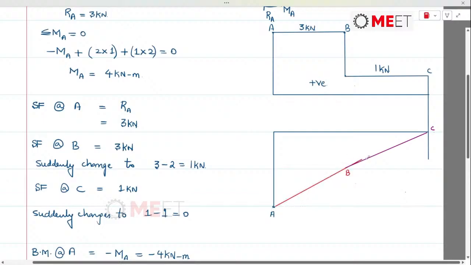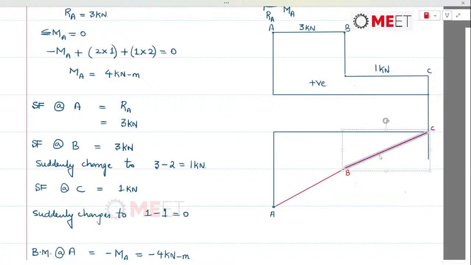One is indicated by red color line. So although you find some variation between these two lines, that is the purpose, to highlight the discontinuity. As you find, the 3 kilonewton is not continuous, and that same thing will also be reflected in the BM diagram as well.